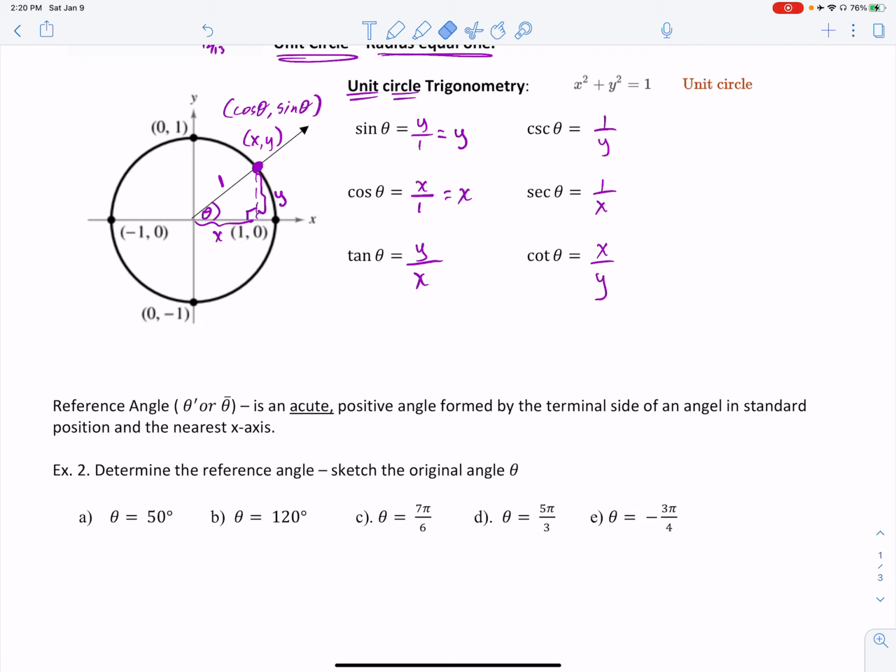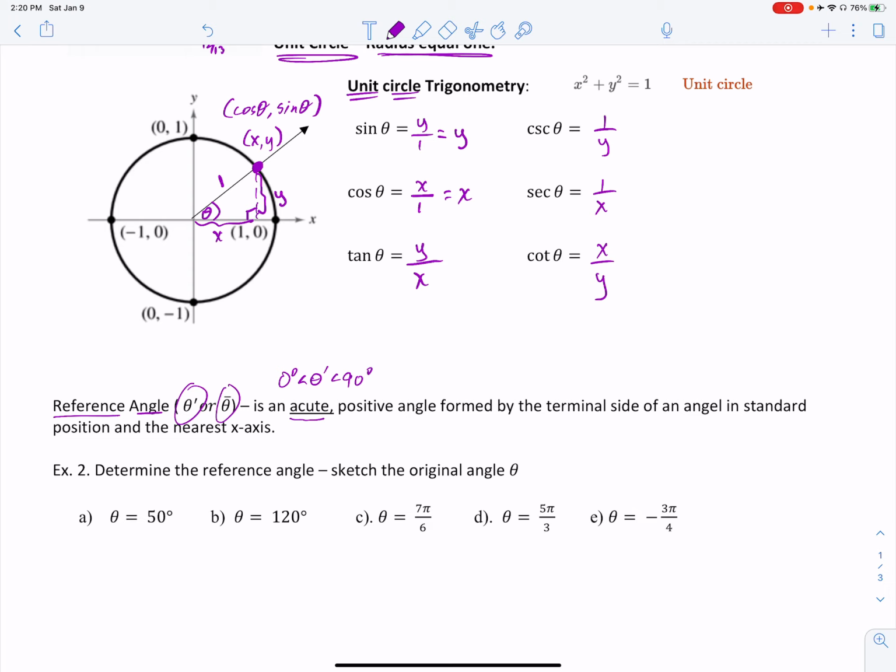All right, when I'm evaluating these, I need to look at what we call the reference angle. You will see that in the book as theta prime. You also see it on a worksheet that we use as theta bar. Both of those notations are what we use to ask for the reference angle. The reference angle is always an acute angle. It is an angle between 0 and 90 degrees.